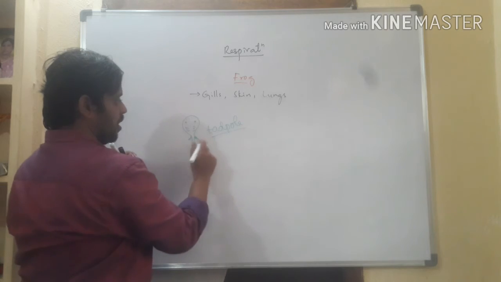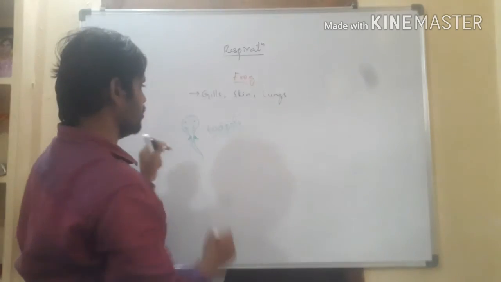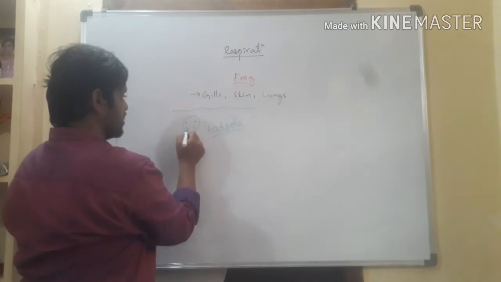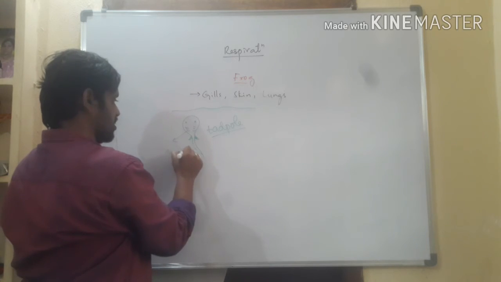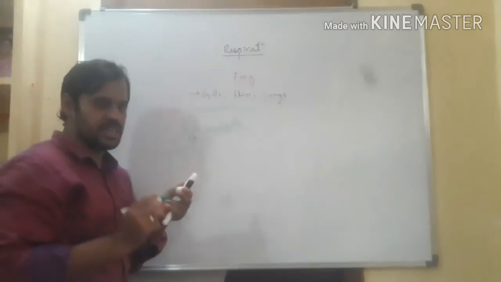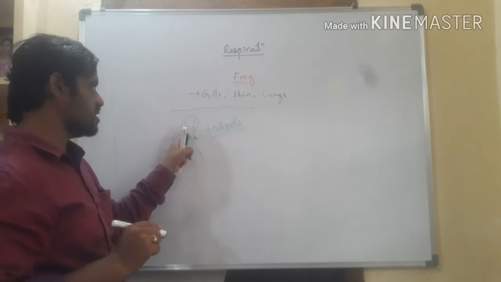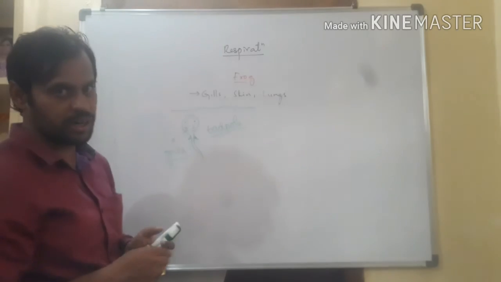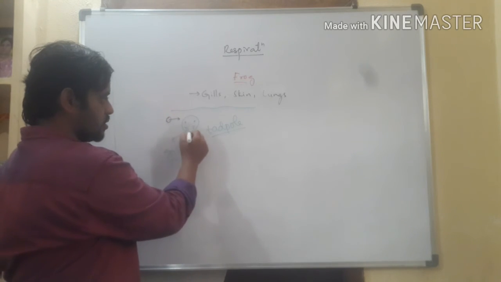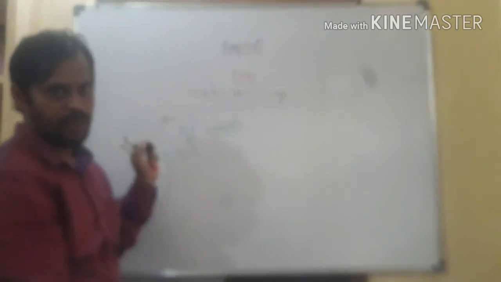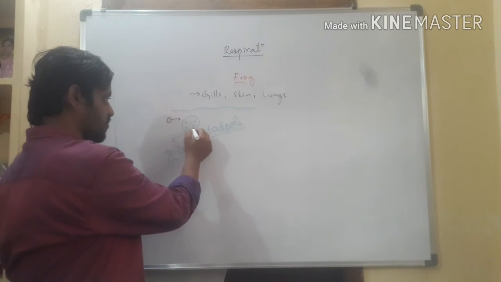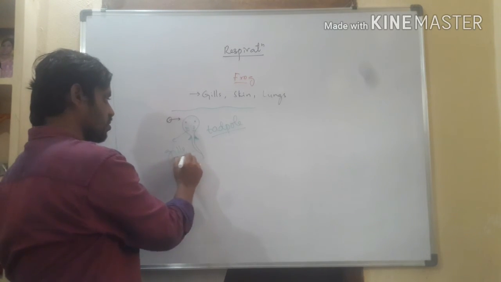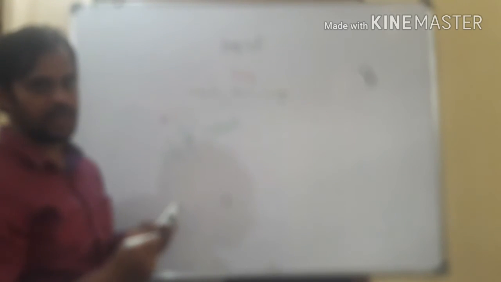In the tadpole form, when it looks like the fish, it uses gills as respiratory organs. They are in the water. Actually frog lays eggs in the water, so when the eggs fertilize they become babies, and the baby frog is called tadpole. This tadpole looks like fish and contains gills. Through the gills it respires when it is growing.